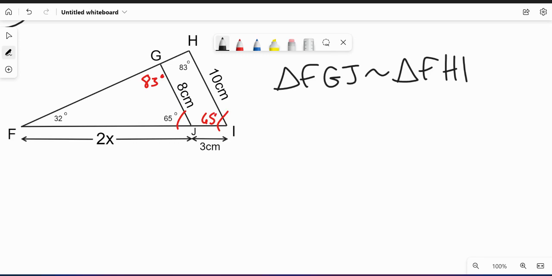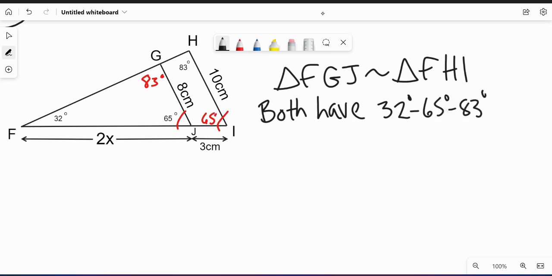Both have 32, 65, and 83 degree angles. So you could say they have congruent corresponding angles, or you could just list out the angle measures of both triangles. All right, now the proportions.